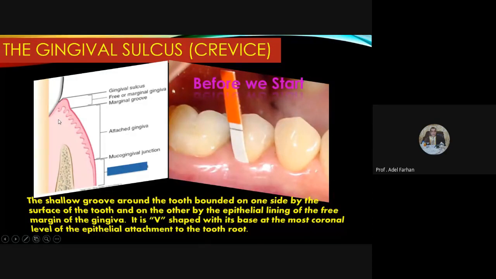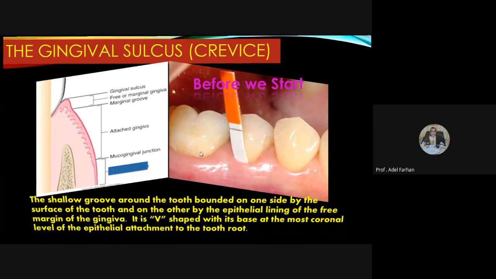It is V-shaped, as we know, and its most coronal level is the epithelial attachment. This is the gingival sulcus. The depth of the gingival sulcus differs from area to area and from patient to patient, and most of you may have noticed this in perio.